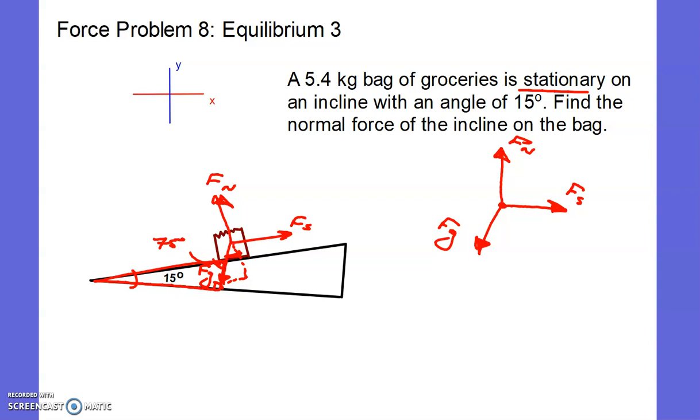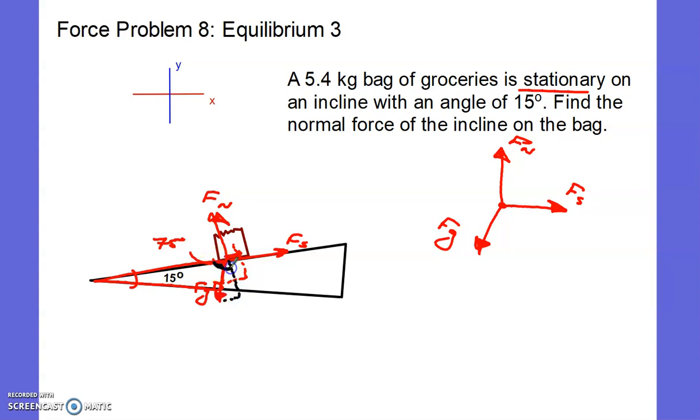Now if I move this down, it doesn't really affect any of the angles as I do so. What I can see is that this here, plus this here, makes a 90-degree angle.